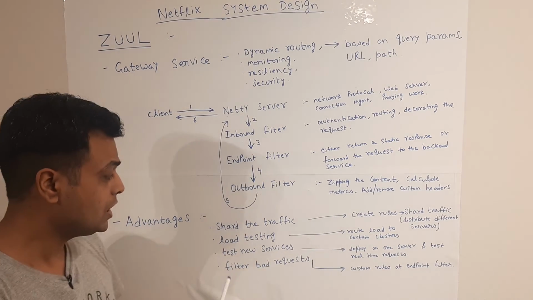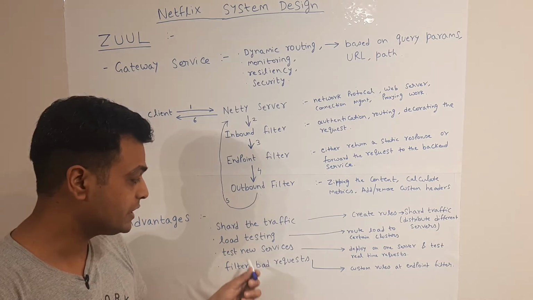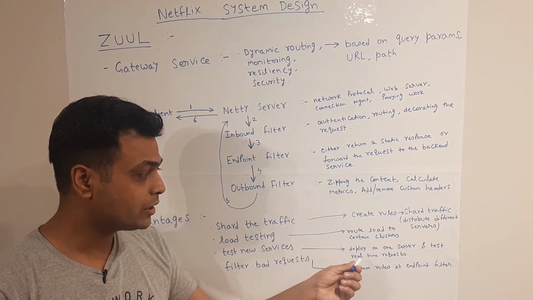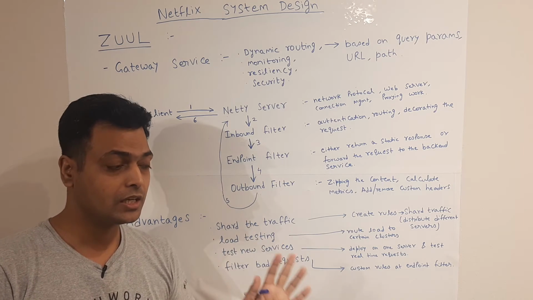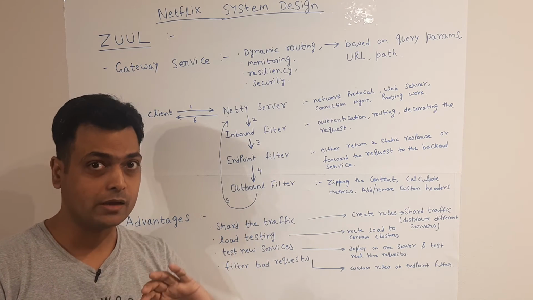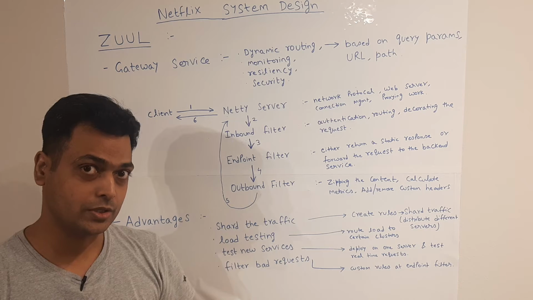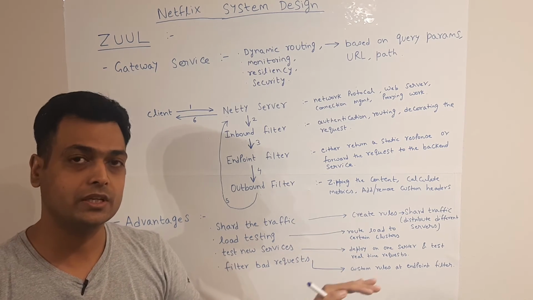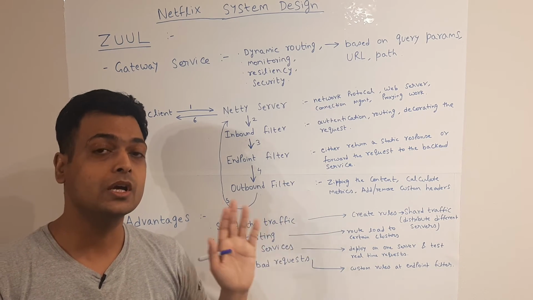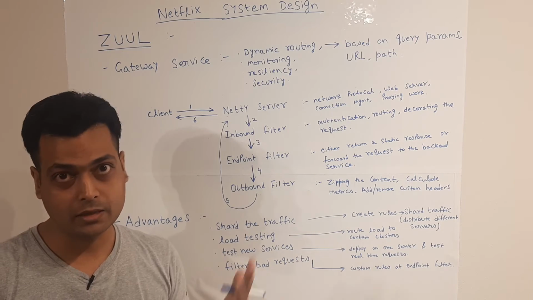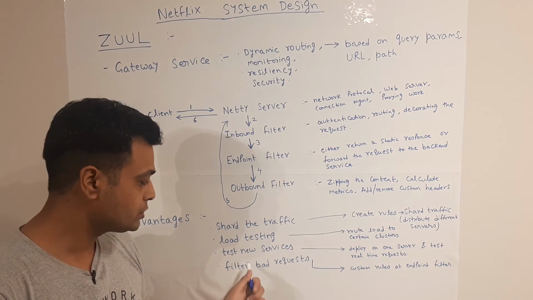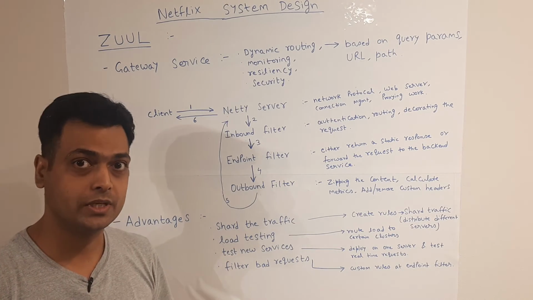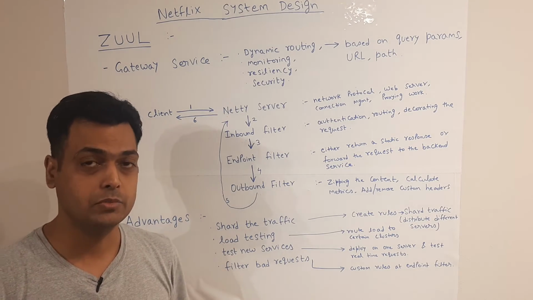The third part is whenever you're creating a new service, you can deploy it on one or two servers, and then divert certain real-time requests to that server and see how that service performs with real-time requests from users. That way we can test some new service quickly and see where the loopholes are which we can improve upon.